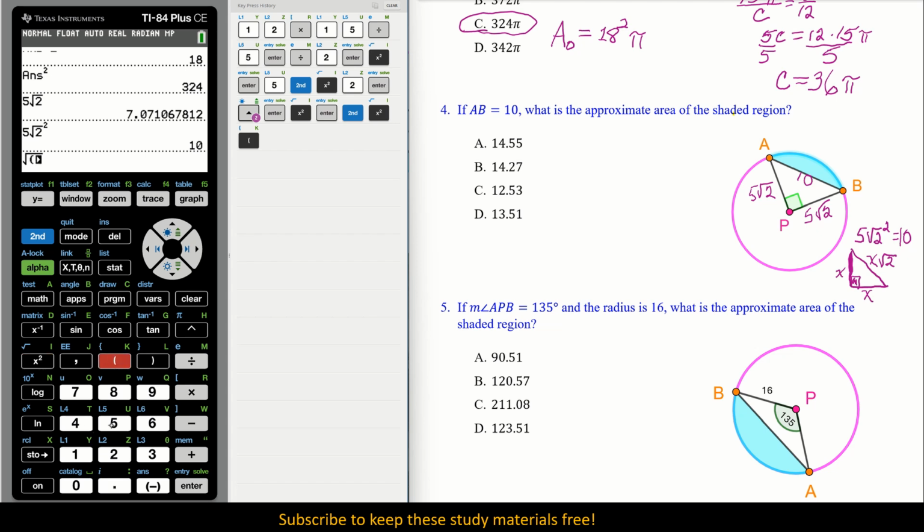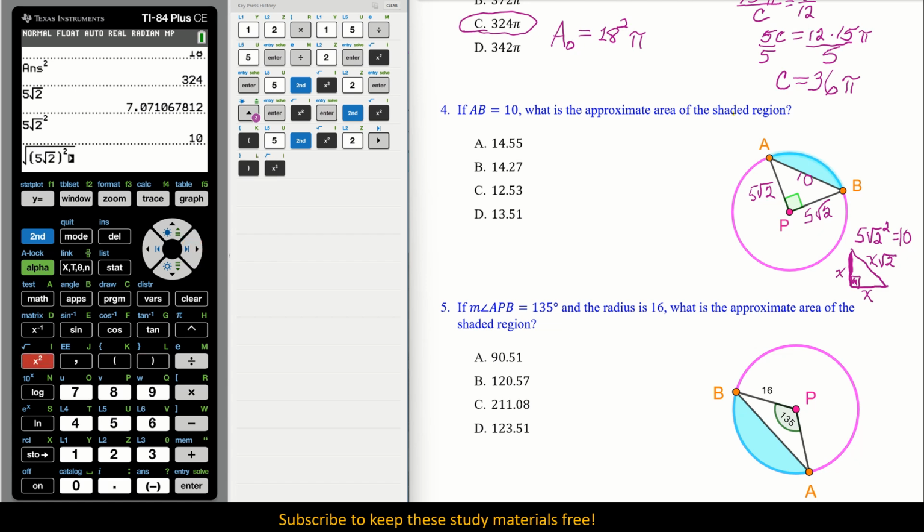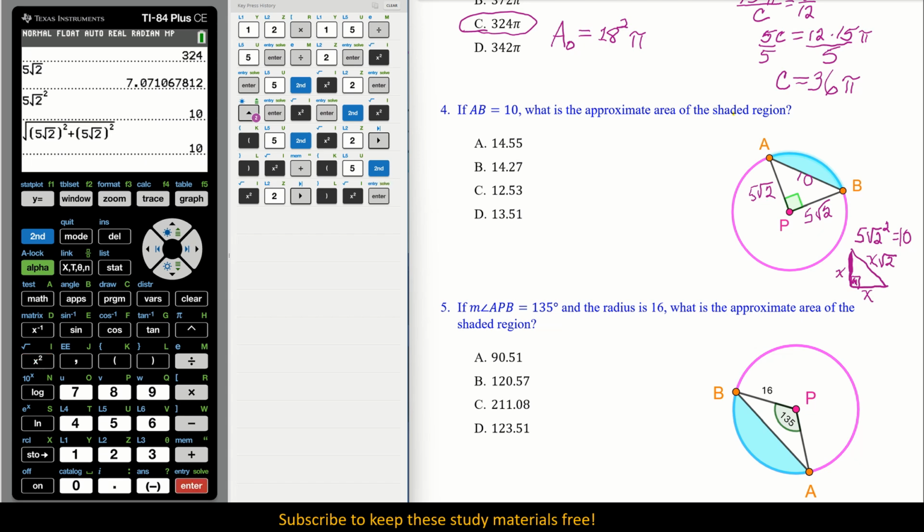Now I need parentheses. 5, and I need to put 2 under the radical again, okay? Arrow over, close your parentheses, then do your squared. Okay, remember, that's the radius. We're squaring the radius. Now we add, in parentheses, 5 second radical, and arrow over, and then our parentheses, square that again. Now, when I push enter, we should have the hypotenuse equal to 10. And we do. So now we verified that we have a radius.